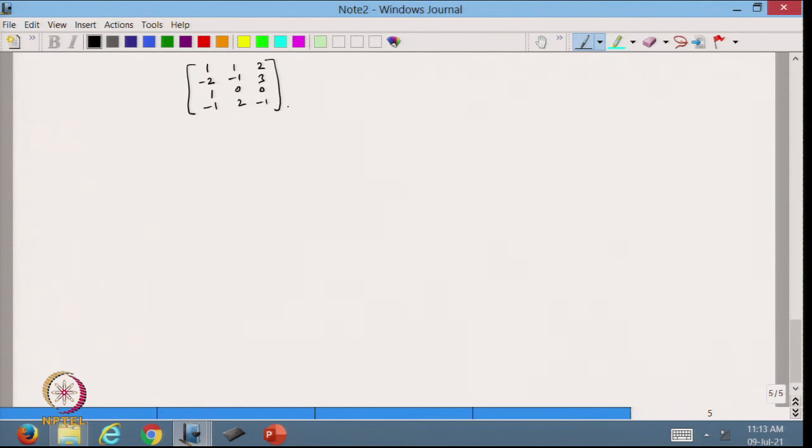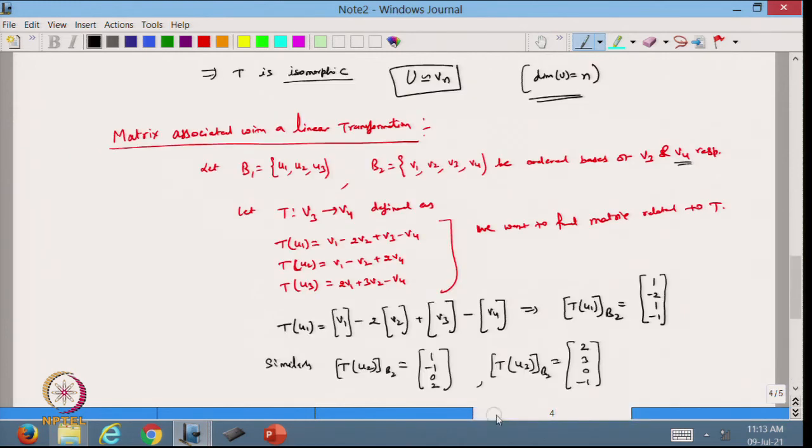So, this is a 4 cross 3 matrix, and I call this matrix A. This matrix is called the matrix of the linear transformation T relative to the bases B1 and B2.